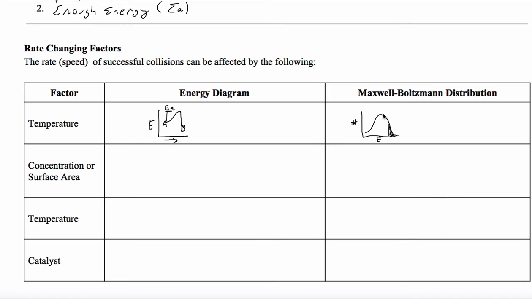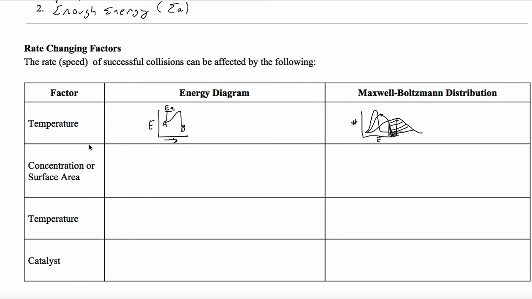Now this is the average temperature, so if temperature increased, the graph would shift this way, getting lower, but also giving more particles more activation energy. A decrease in temp would look like this. Now it's a little counterintuitive, but it's really the shaded region past the energy of activation that matters. This is the higher temperature, that's the lower temperature.